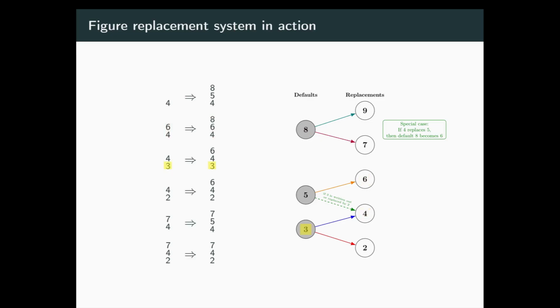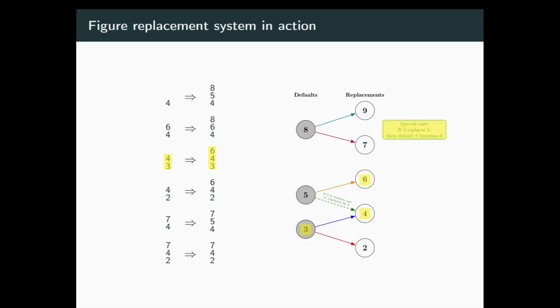The 4 in the third example does have a 3 under it, so this follows the dashed green arrow in the diagram and replaces 5 instead of 3. This means that we also have to follow the directions in the green box and turn the default 8 into a default 6.